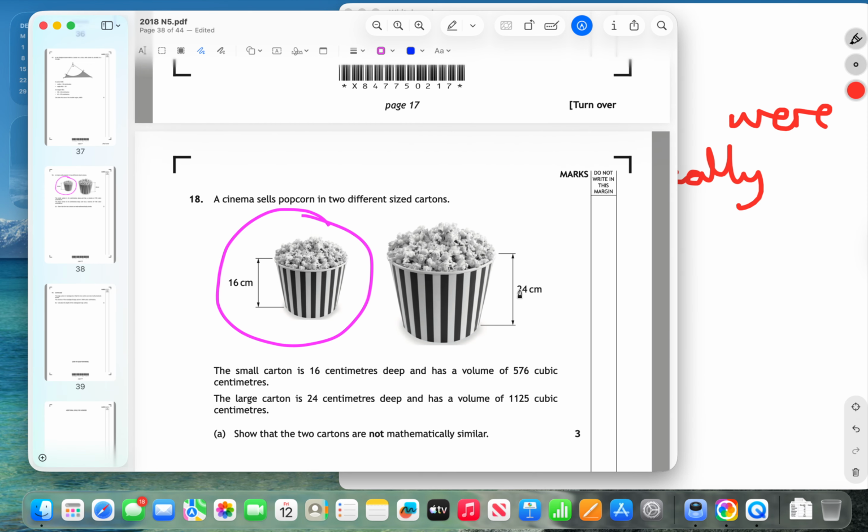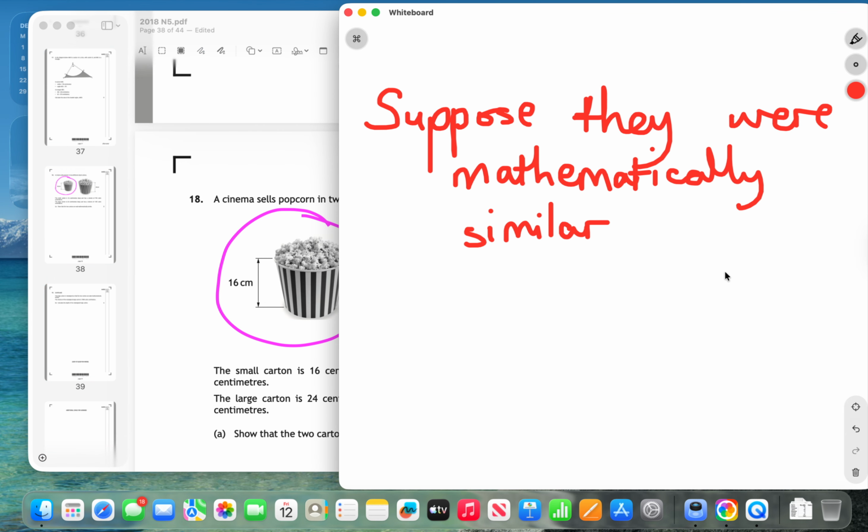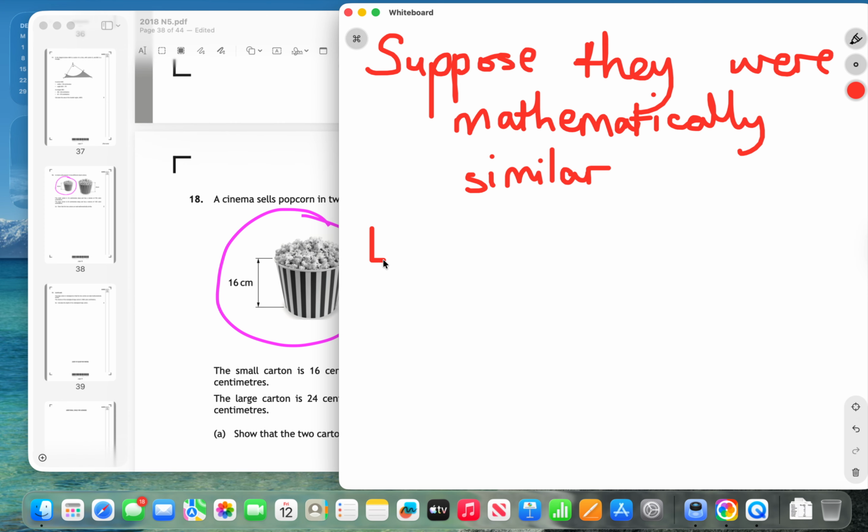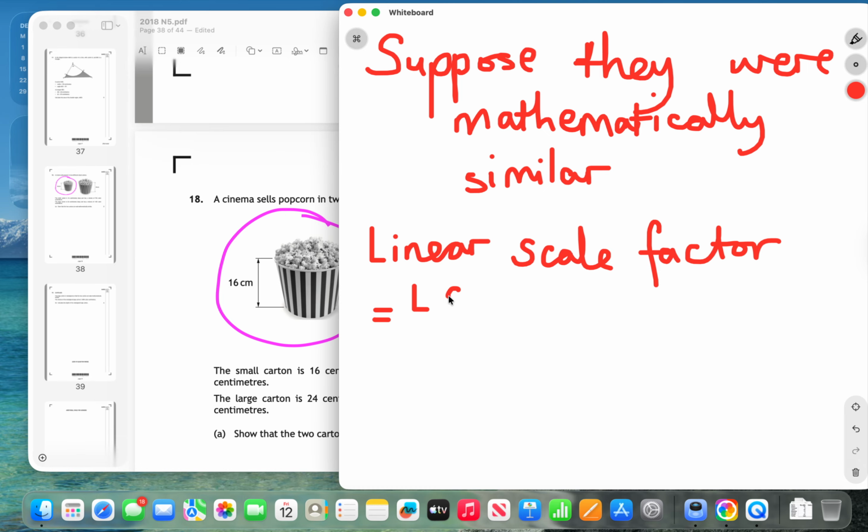In this case, it's going to be the large divided by the small. So we're going to call it the linear scale factor, LSF for short. So this is the large depth divided by the small depth.